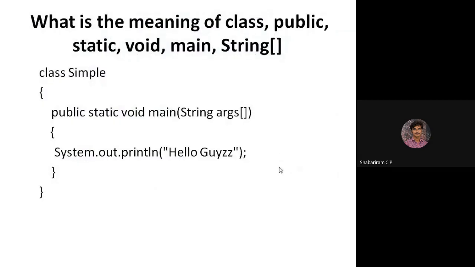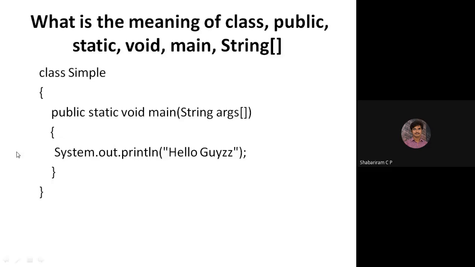Okay, so this slide shows the basic Java program. Here the program is going to have a class called Simple. Inside Simple, I have written a main function. The main function is going to have two keywords additionally. The keywords are public and static. Void, we all know, the main function return type will be specified as void.